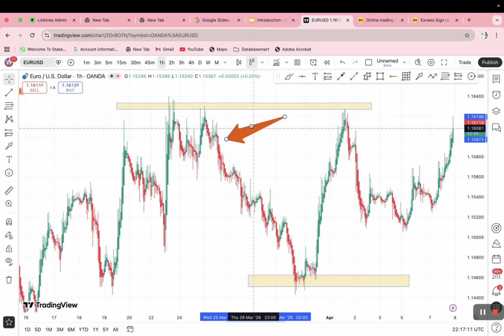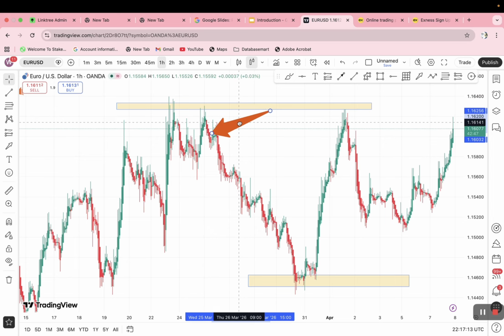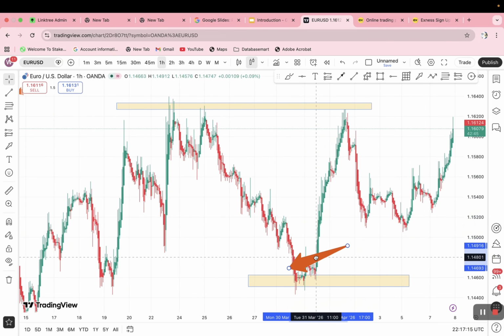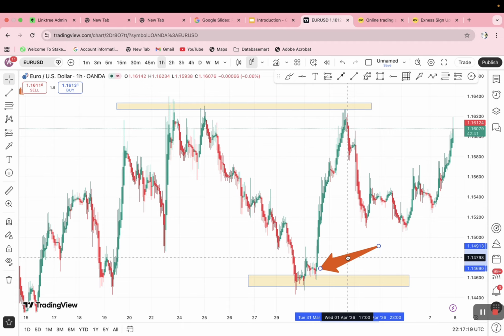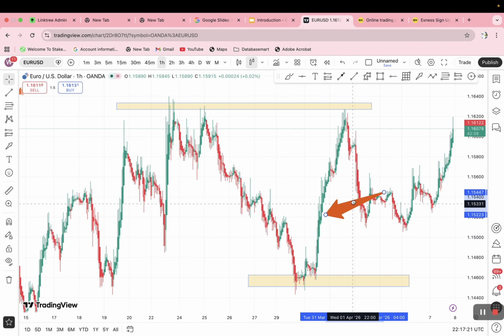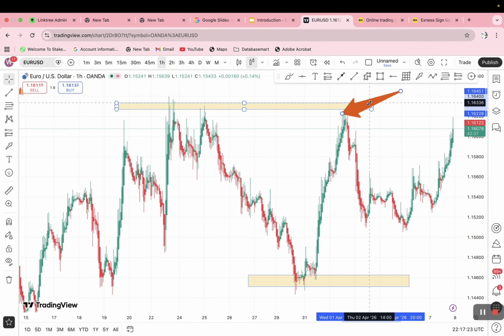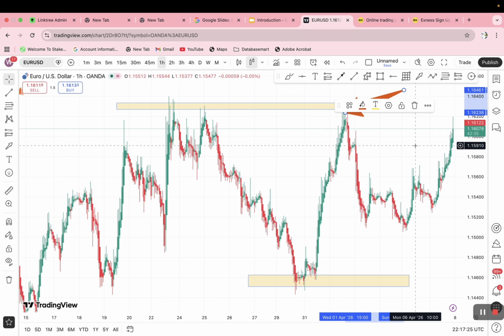From this level, a lot of red is coming. That means the market is going down. And from here again, you can see the market is going up. So you are buying low and selling high, or selling high to buy low. It's that simple and easy.